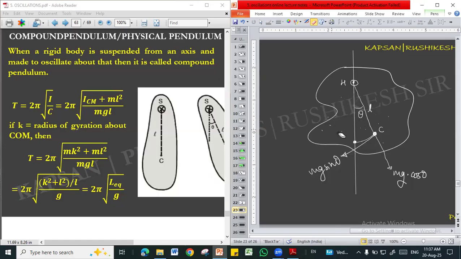Compound, made up of n number of pendulums, so it is called a compound pendulum. Any doubt in this? So is the physical pendulum name clear to all of you? Why is it called a physical or compound pendulum?